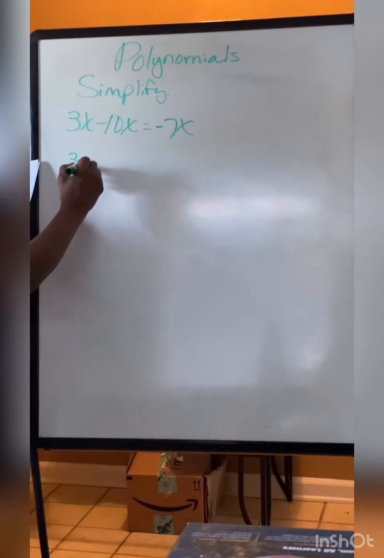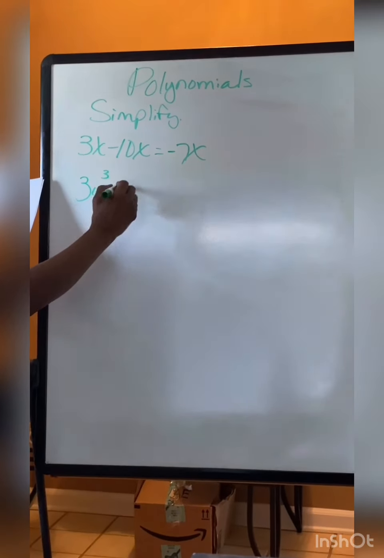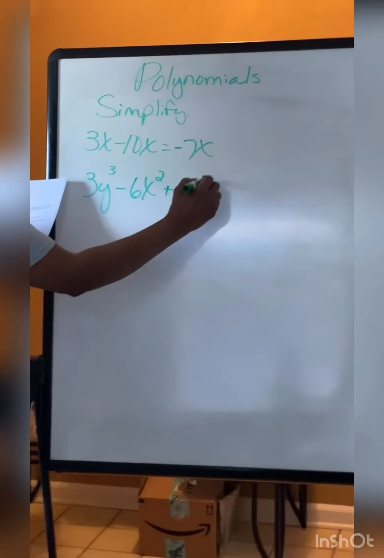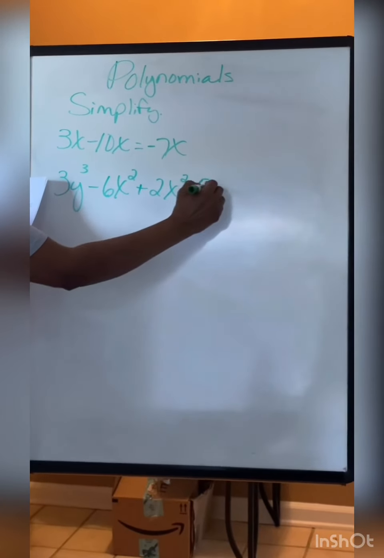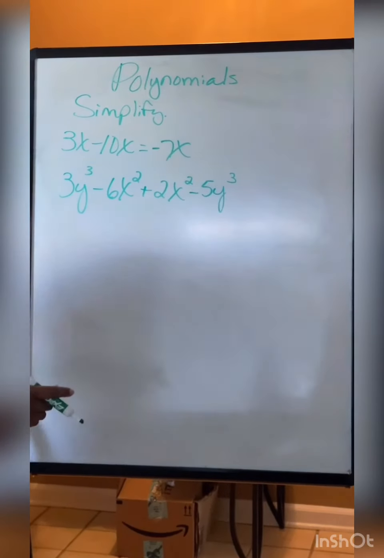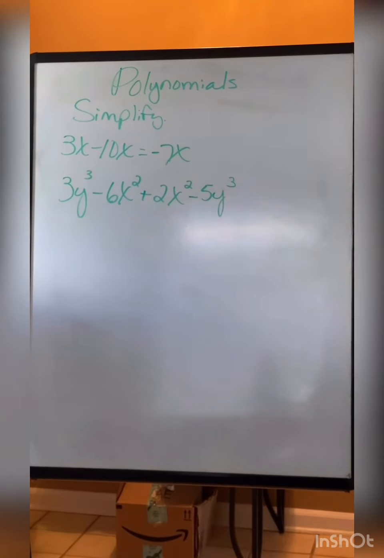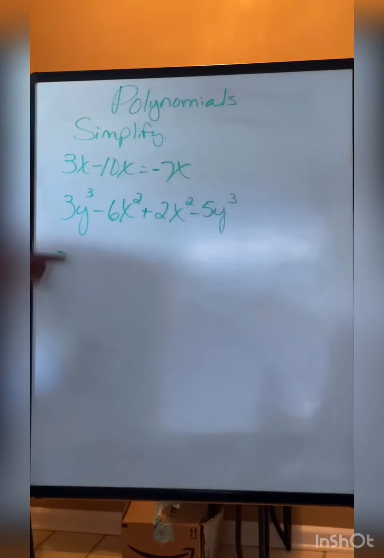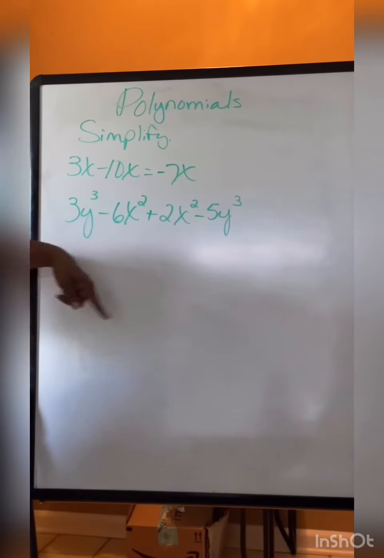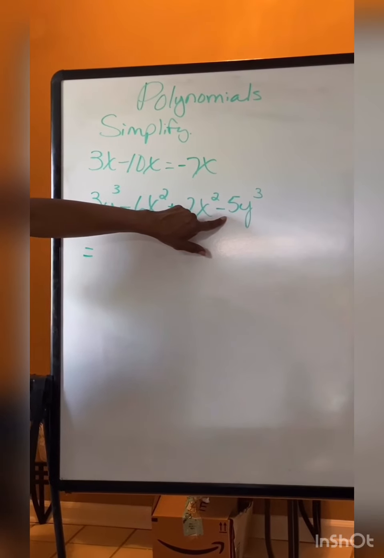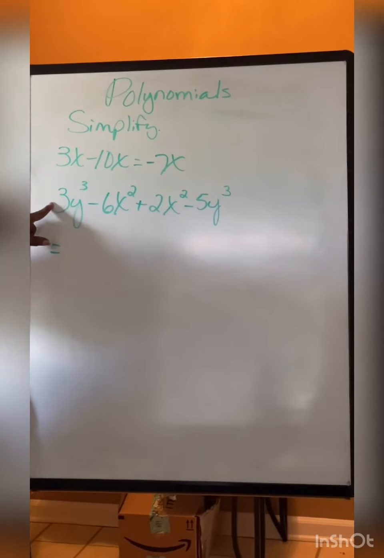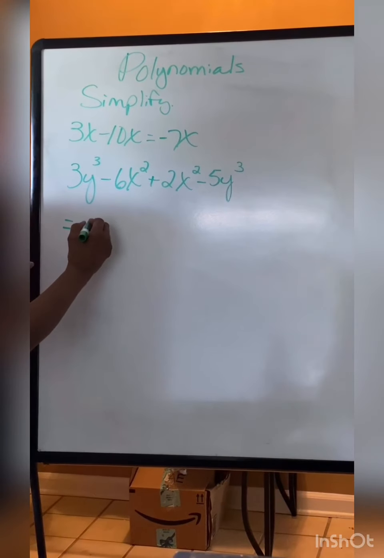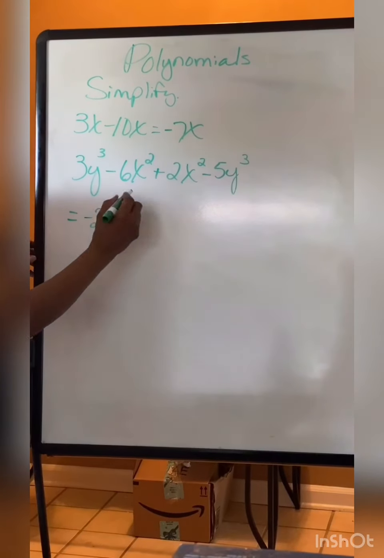If I had 3y cubed minus 6x squared plus 2x squared minus 5y cubed. Now we need to look at this problem and see, do we have any like terms? Yes, we do. This 3y cubed has a like term of a negative 5y cubed. So I'll do 3 minus 5, and 3 minus 5 is a negative 2, so I'll get a negative 2y cubed.